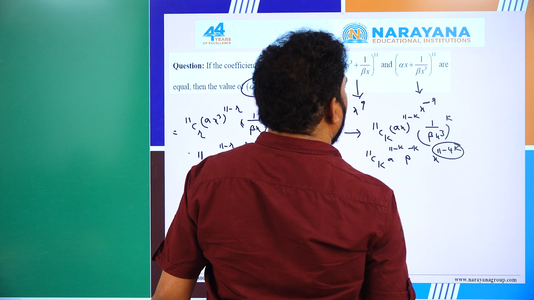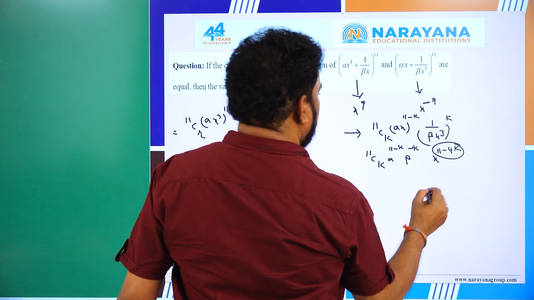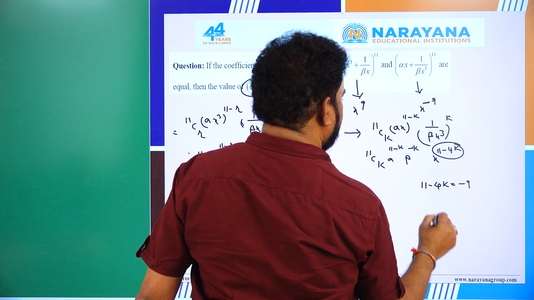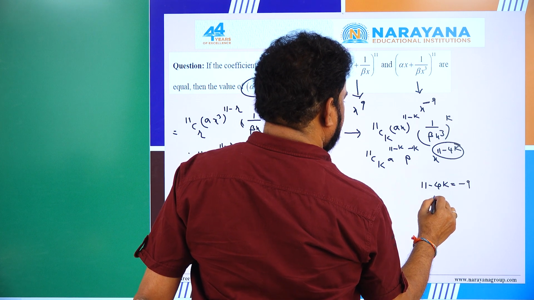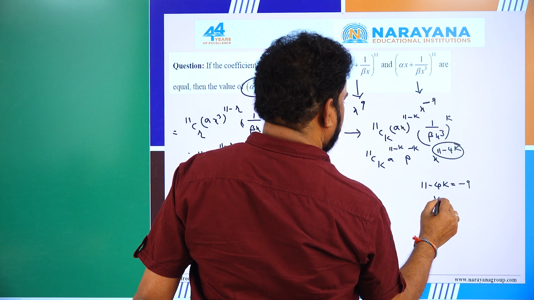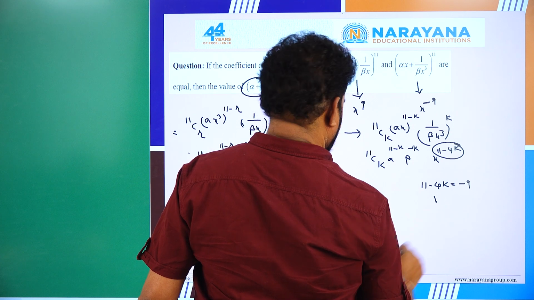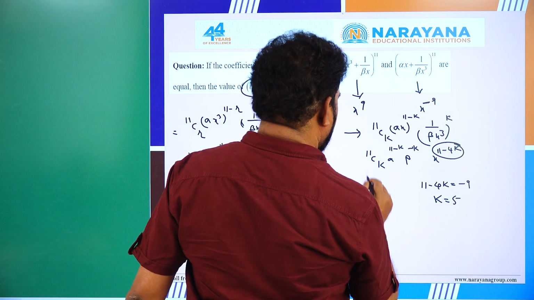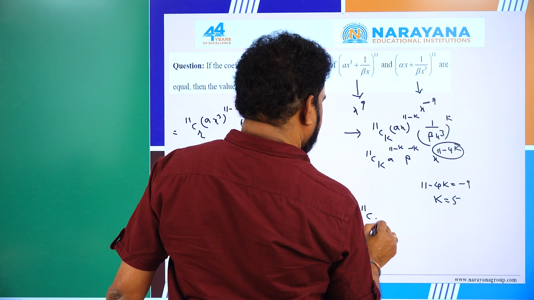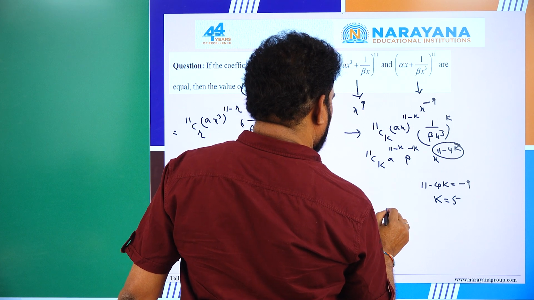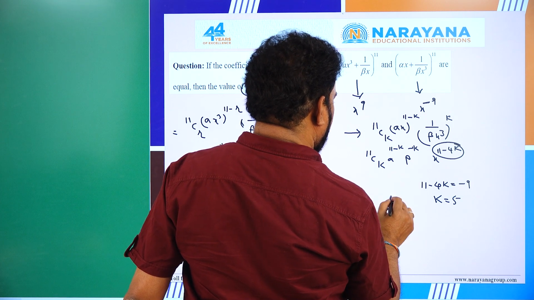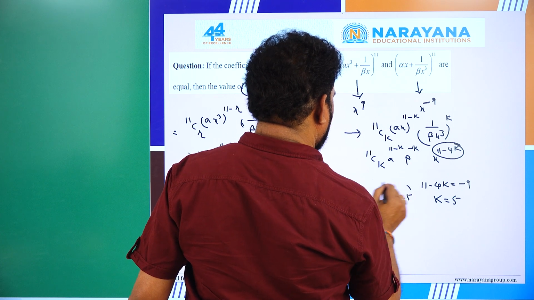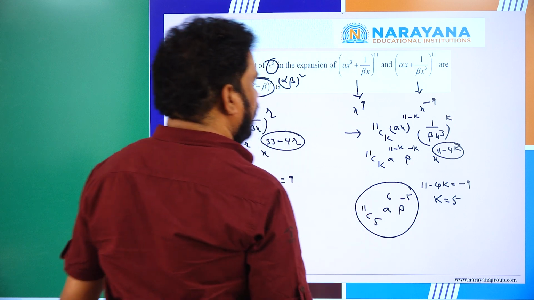This should be minus 9, so 11 minus 4k equals minus 9. So 4k equals 20, k equals 5. Then it becomes 11C5 a power 6, beta power minus 5. This is the x power minus 9 coefficient.